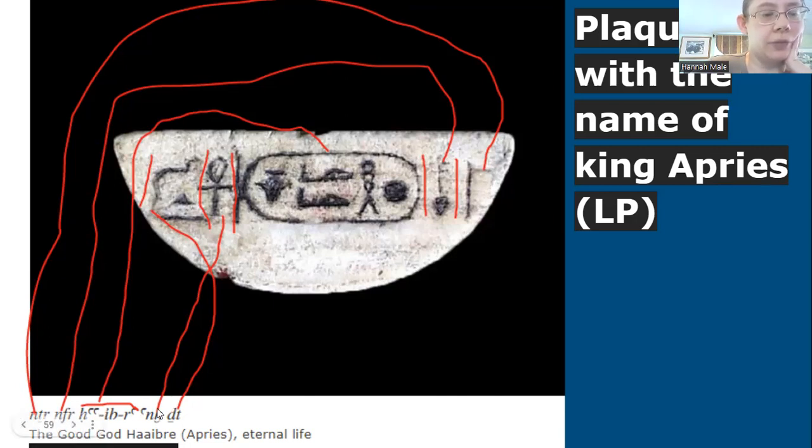And then you have Ankh, which is this here, and one of the ways that can be translated is the word for life, which is here.